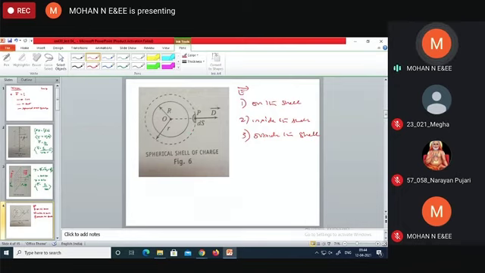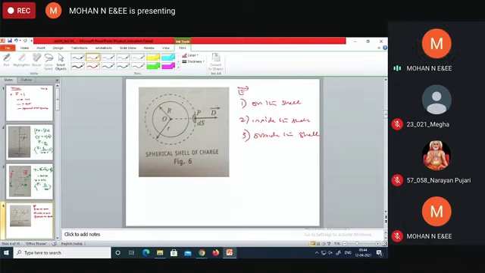The field will be radially outwards. If you solve for it, you will get E as q by 4 pi epsilon naught r square into a r cap. The field at a point will be equal along the radial lines. This is due to Gauss law.